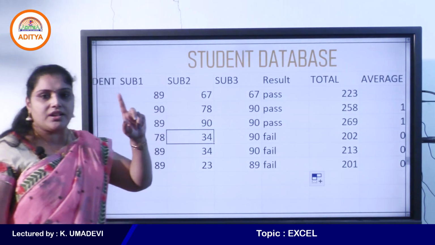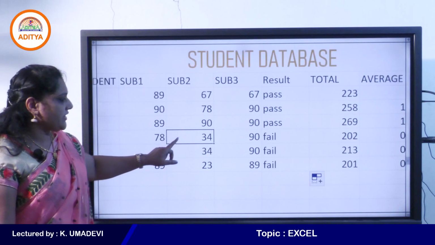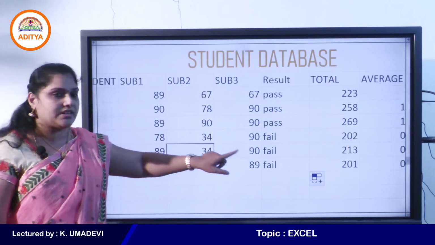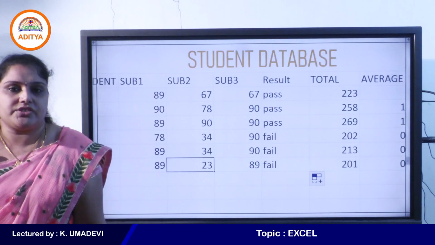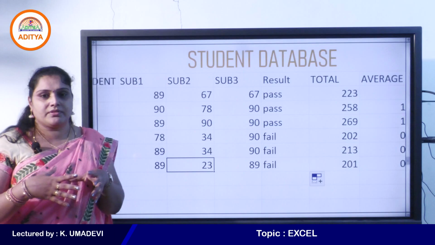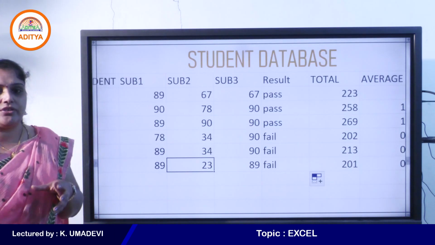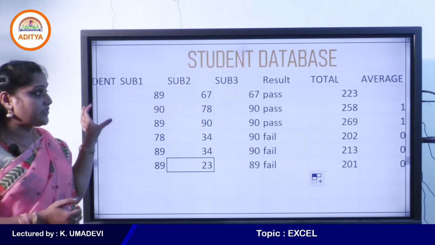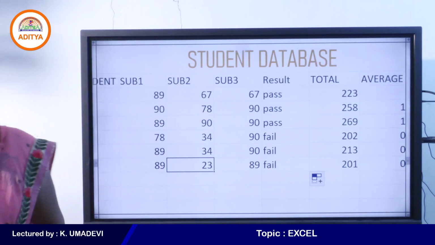So instead of false, we will enter fail. So that's why the result is fail. Again 34, the result is fail. Again 23, the result is fail. Okay students, so like this we can check multiple conditions by using AND and OR inside if. So we use the AND function or OR function based on requirement. Okay students, clear?